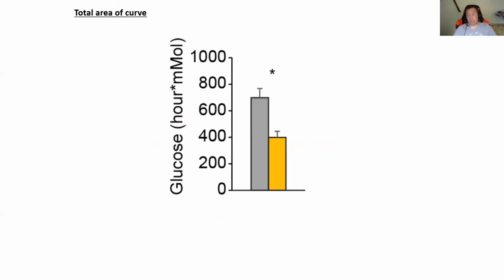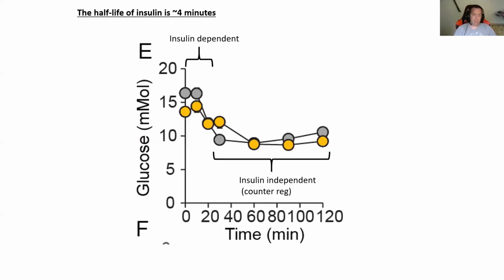And if you analyze it for these two groups of animals, you do indeed see a significant worsening of the ability of insulin to reduce glucose in the yellow rather than the gray mice. However, there's another argument that says the half-life of insulin is only about 4 minutes. So after 30 minutes, you'll have done 7 half-lives. So you'll only have about 1% of the insulin you injected.